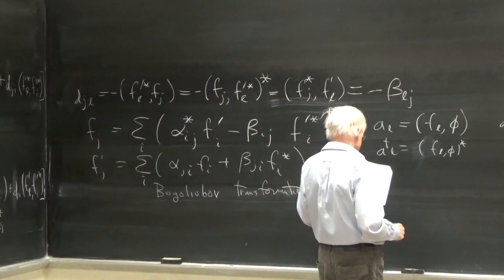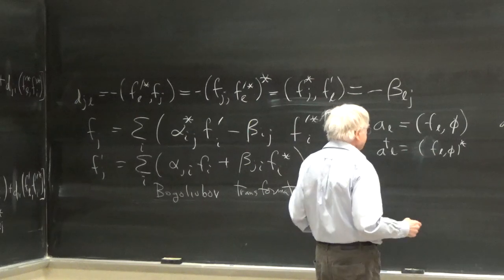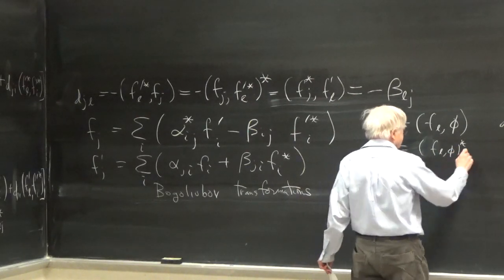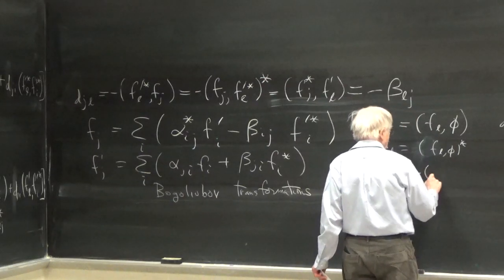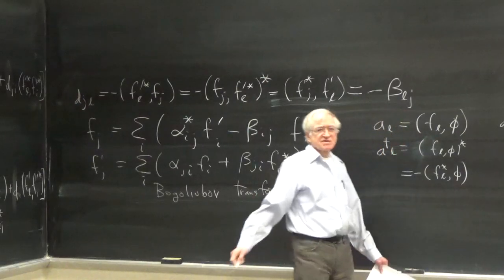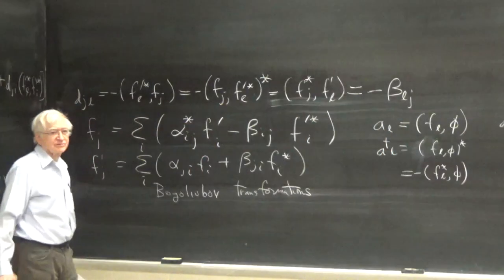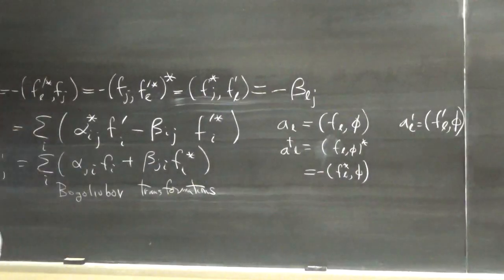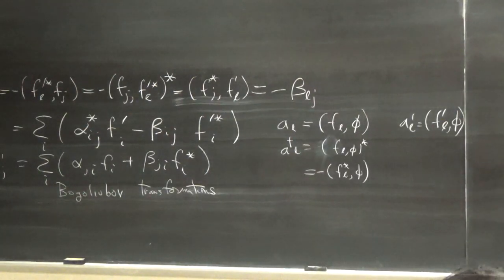This actually works great. You can move the star inside at the price of a minus sign, and so this gives us minus FL star, but phi is Hermitian, so the star has no effect. The field phi is Hermitian. So what I'm using is, once again, this unnamed property that Fg star is minus F star G star.